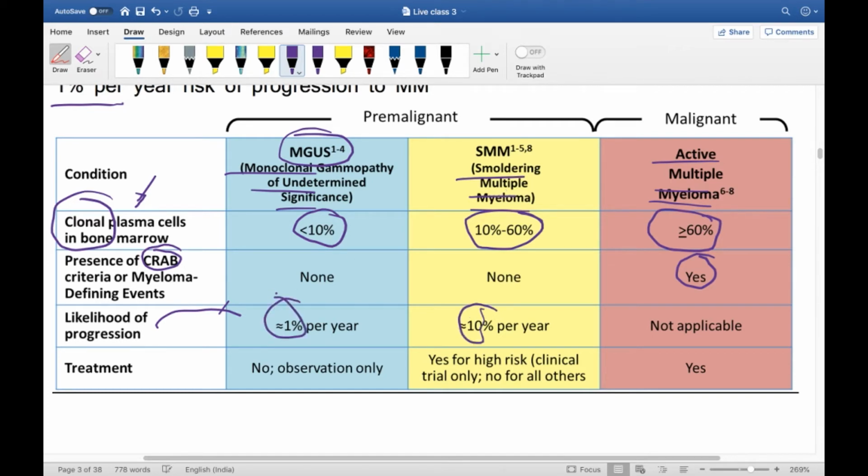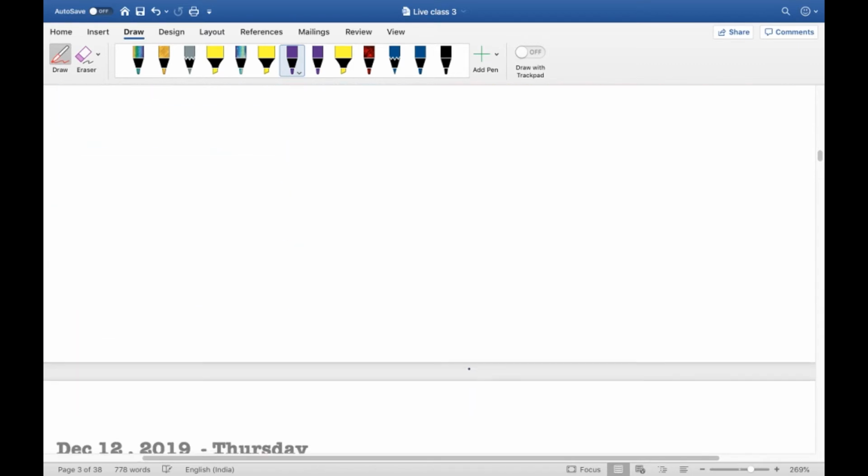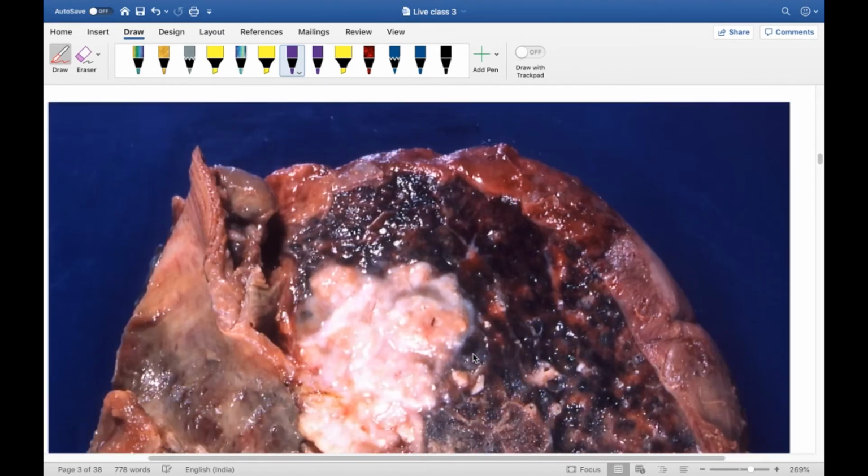It is around 1% if it is MGUS, that will go into multiple myeloma. If it is MGUS, no treatment, only observation. If it is smoldering multiple myeloma, typically only if it is a very high risk case, you need to treat. So that is the whole story.